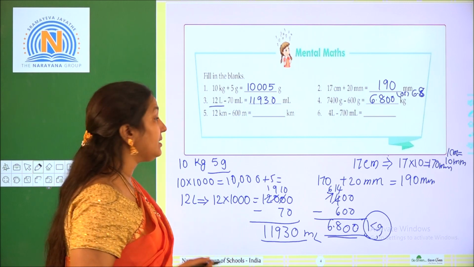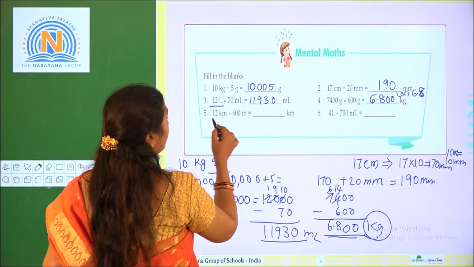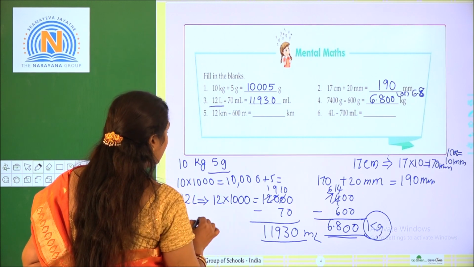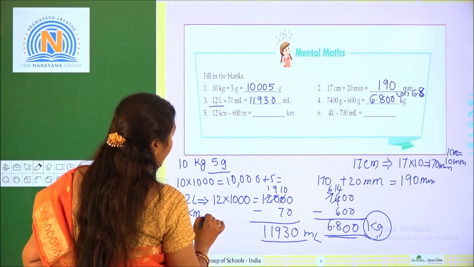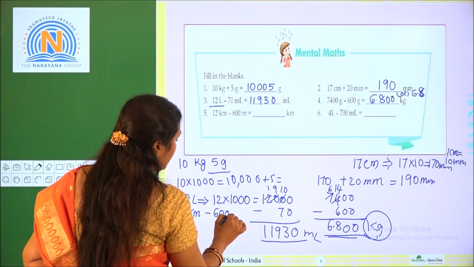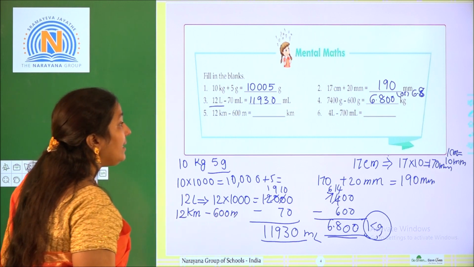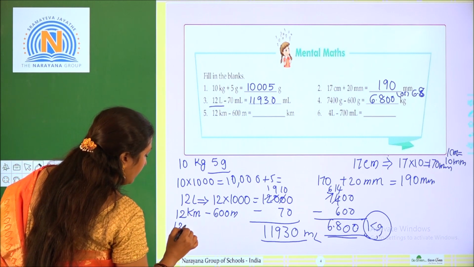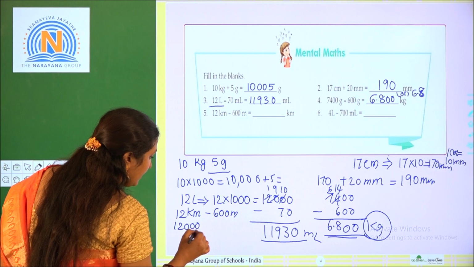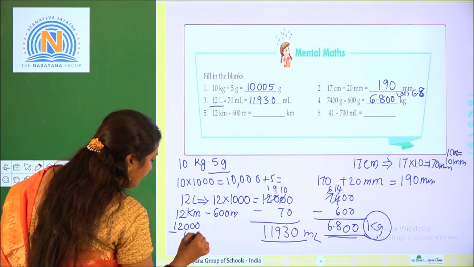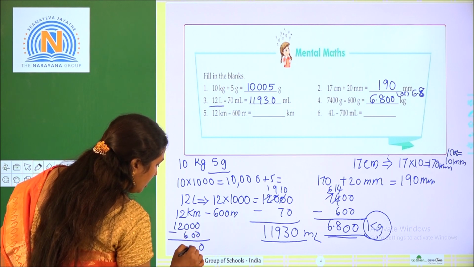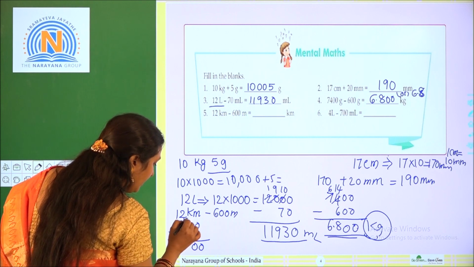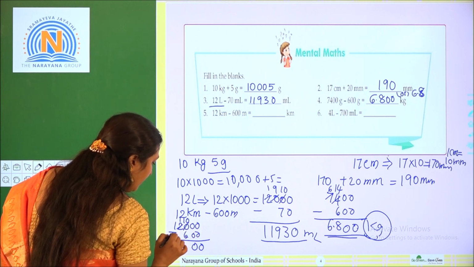Next one. 12 kilometers minus 600 meters equal to dash kilometers. We have to convert and complete. First we convert, children: 12 kilometers equal to 12,000 meters minus 600. What did you get? 0, 0. 0 minus 6 we cannot. It will be 10, so here it will be 1.